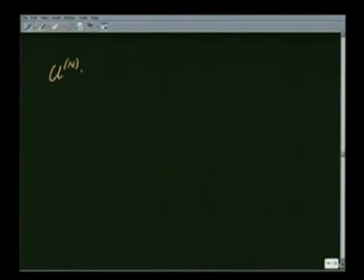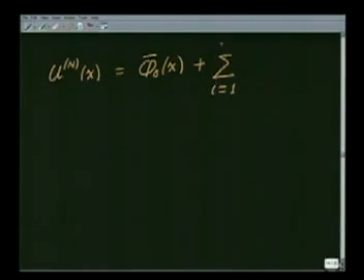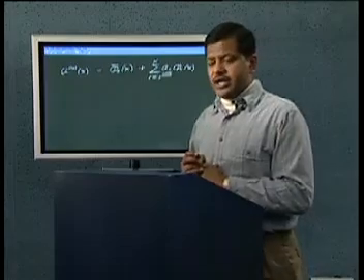to get un of x equal to phi 0 bar plus summation i from 1 to n of ai phi i of x. Now our job will be again to find these coefficients ai. So we will substitute this back in our variational formulation.